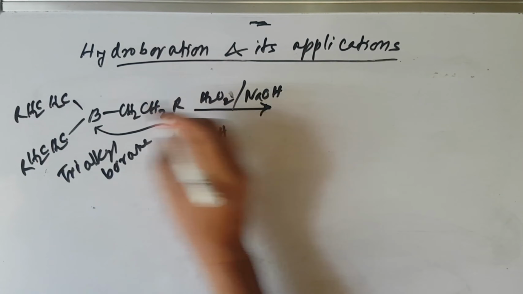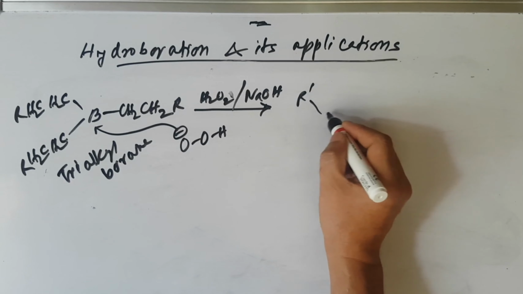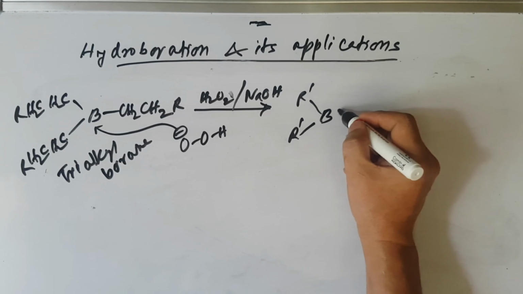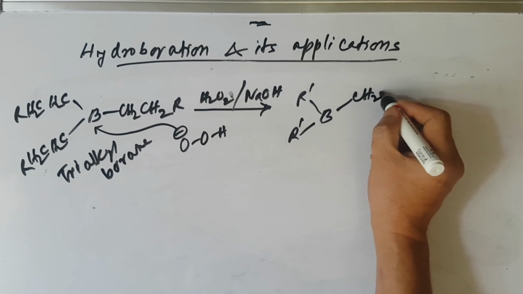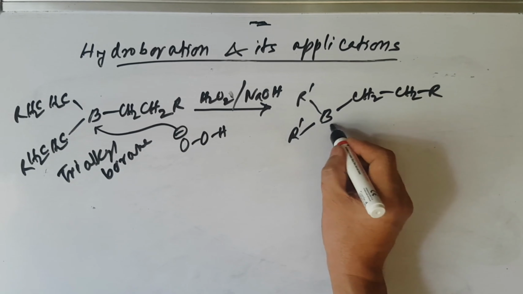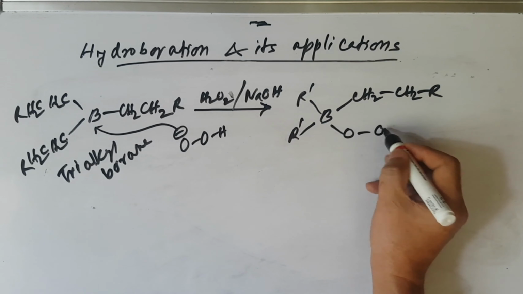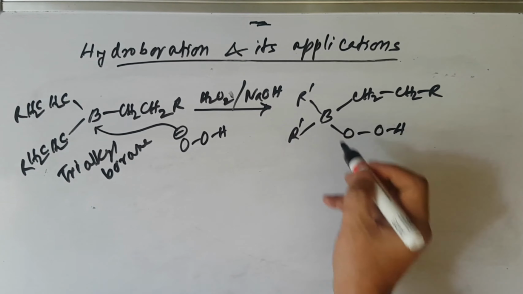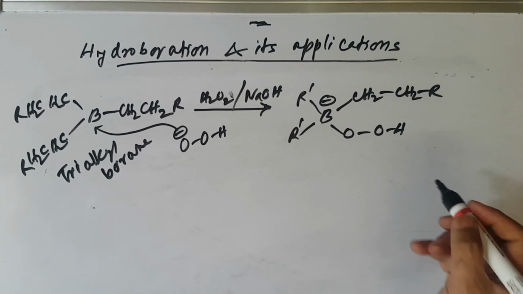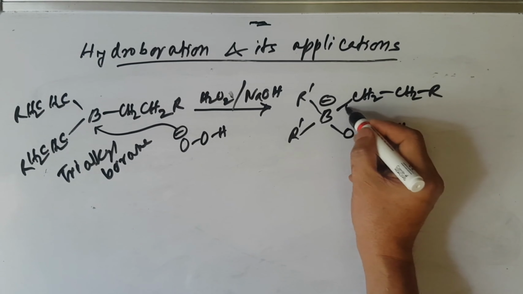Let us write this as R prime, all of these R prime, then CH2R, then we have OOH. Now there is a negative charge here, so this charge is given to the boron. Now migration takes place this way.